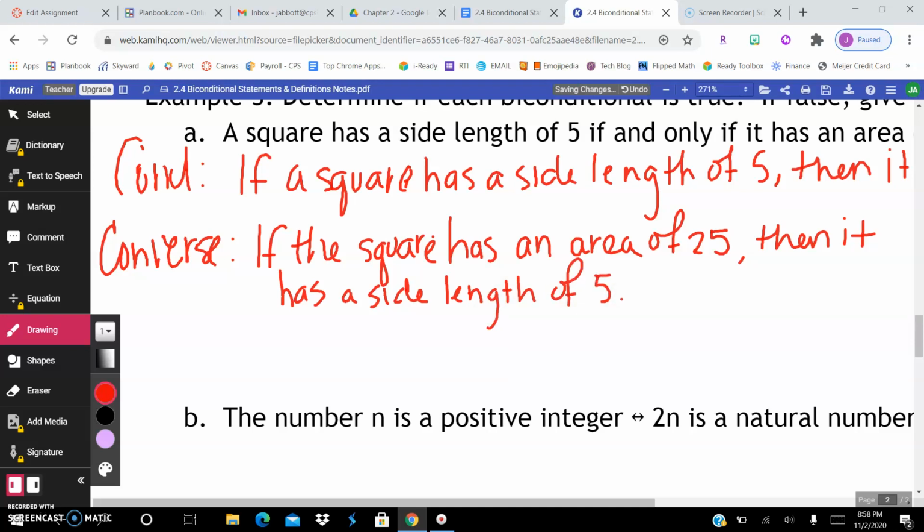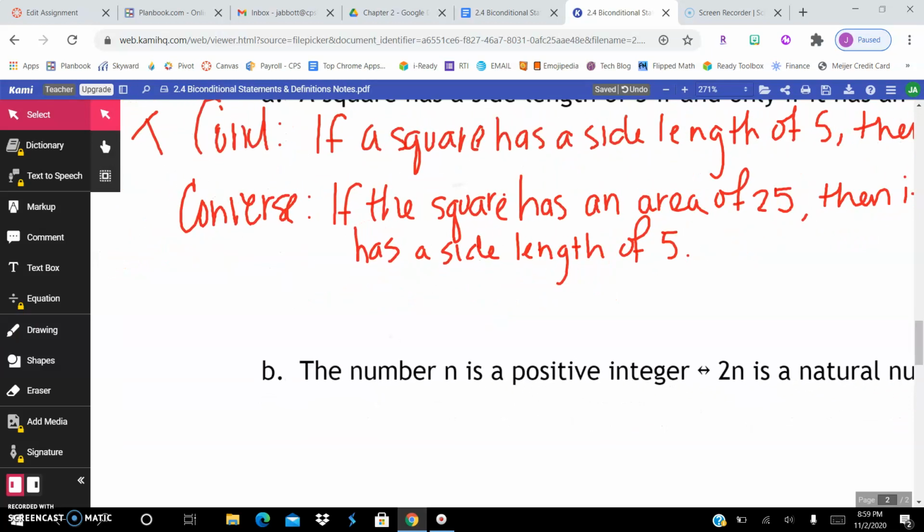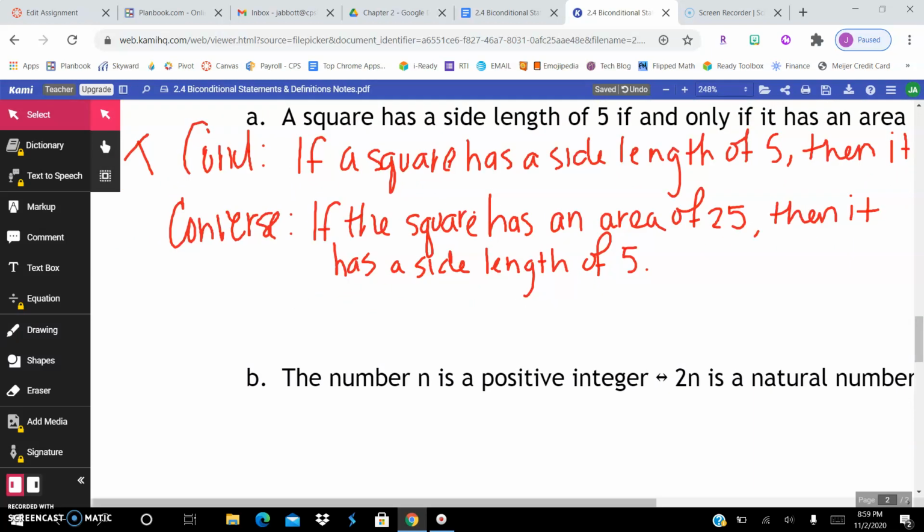So if it has an area of 25, then its side length has to be 5. Well, that's true because in order to find the side length, if you know the area, you take the square root. So the square root of 25 is 5. So this is true as well. So the biconditional statement is true.